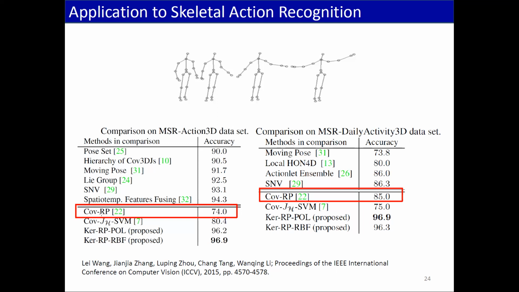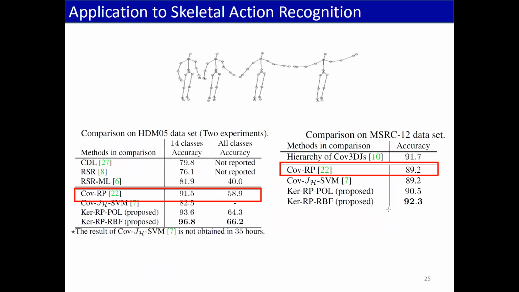Compared with the covariance-based representation, the kernel representation gives more than 20 percentage points absolute improvement on one data set. For other data sets, we still see more than 10%. We also tested on more skeletal action recognition data sets and obtained significant improvement.